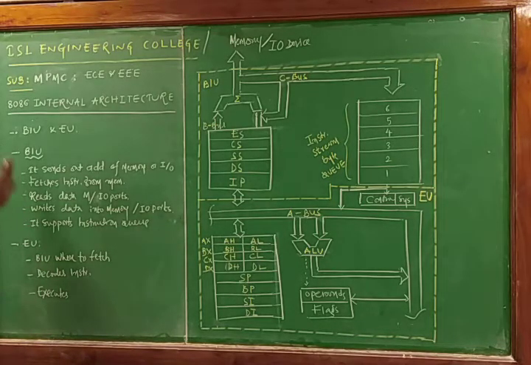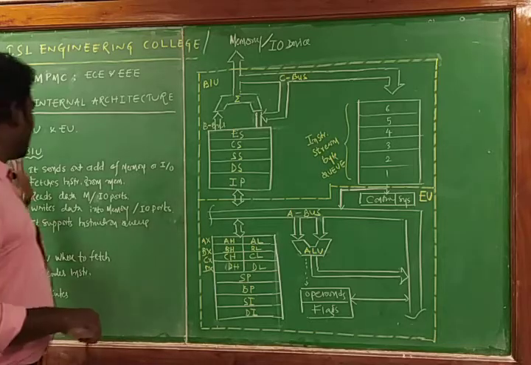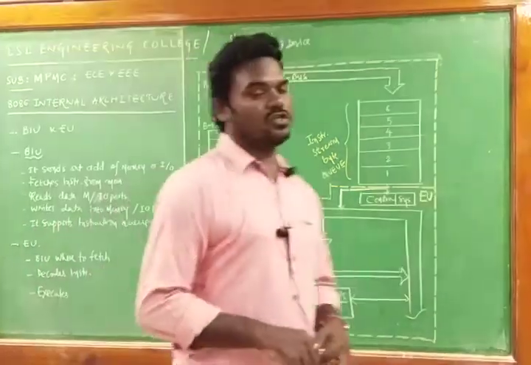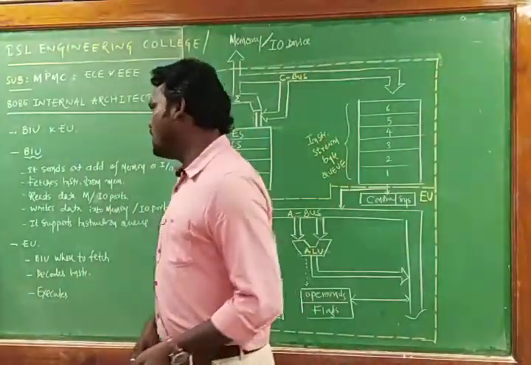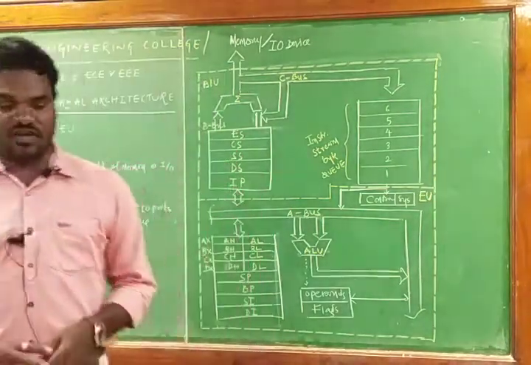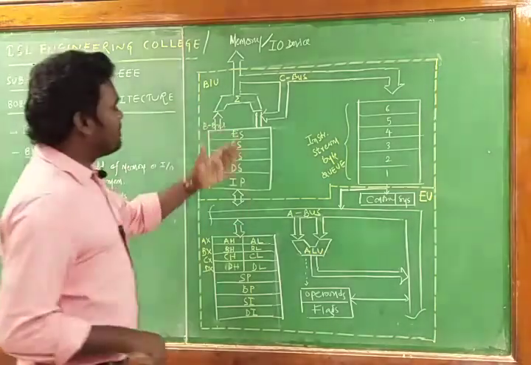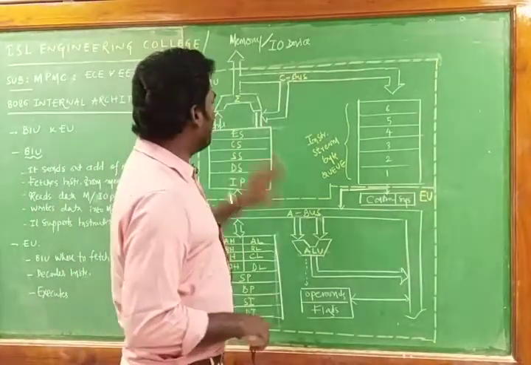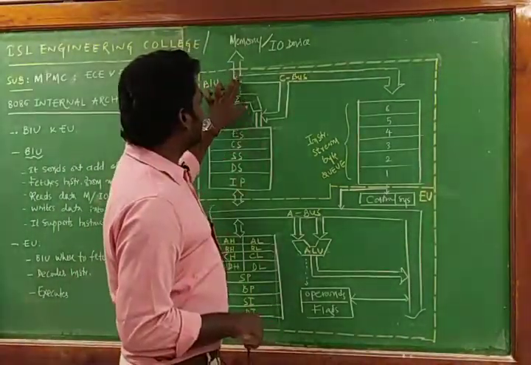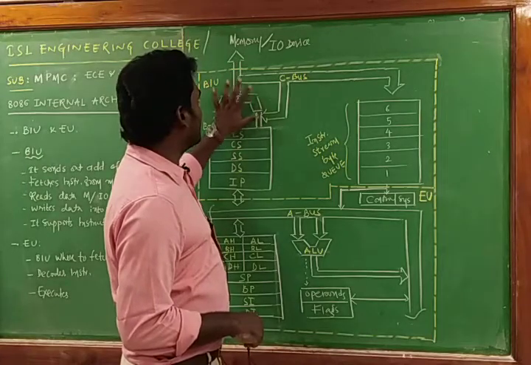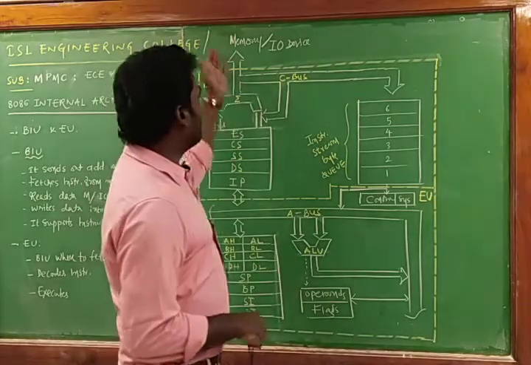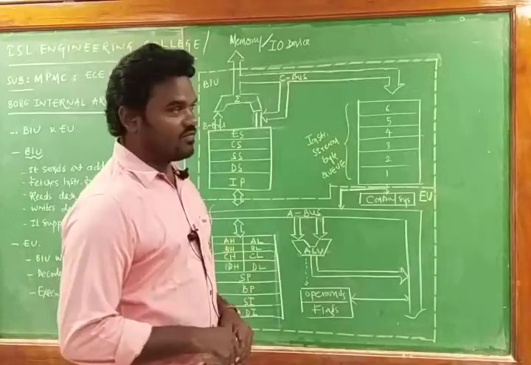Coming to the 2 main parts of the 8086 microprocessor, the bus interfacing unit and the execution unit, I am going to discuss the functions of the bus interfacing unit. The main functionality of the bus interfacing unit is to interface the processor to the outside world, that may be memory or input output devices.